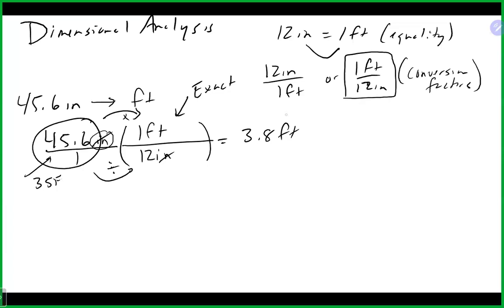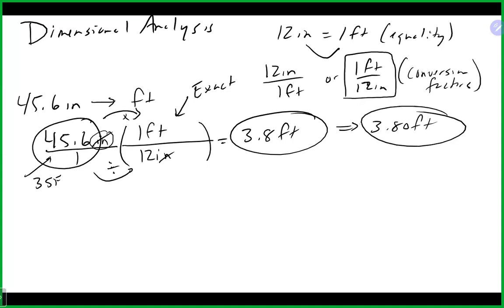And because of that, our answer should end up with 3 significant figures, which means we do need to pop a 0 on that to have it to the right number of significant figures in this particular case.